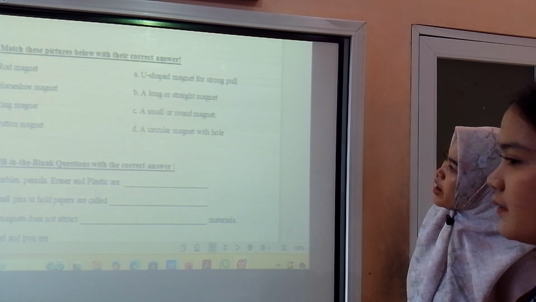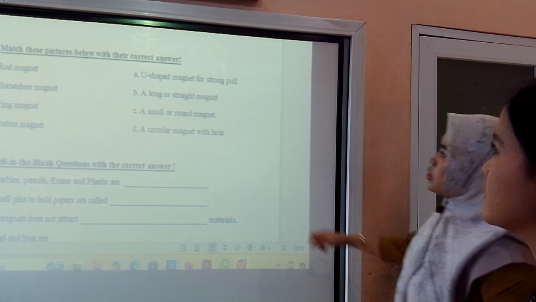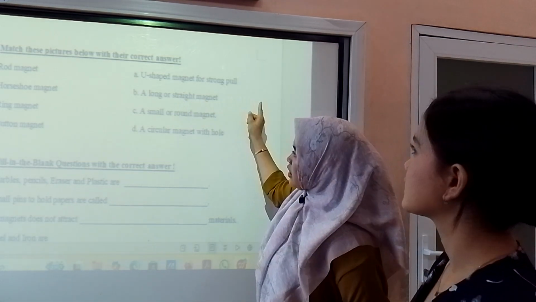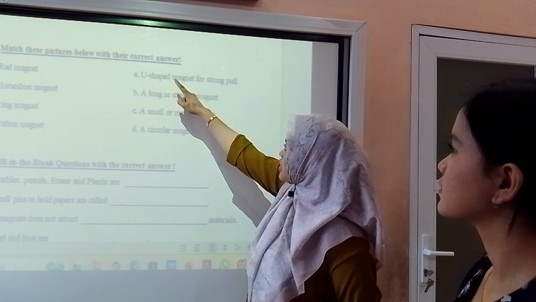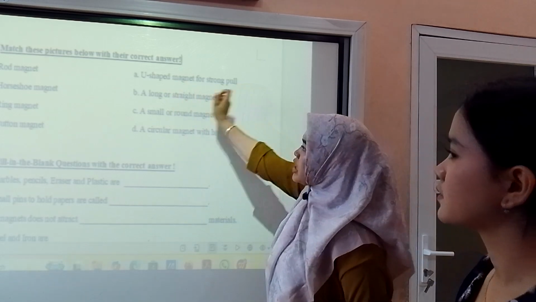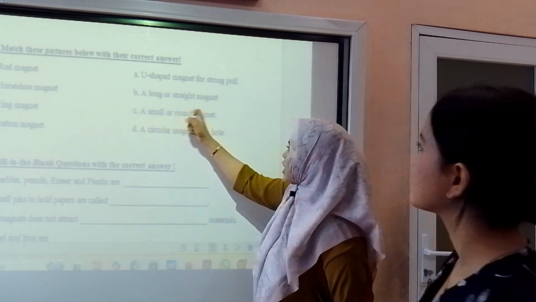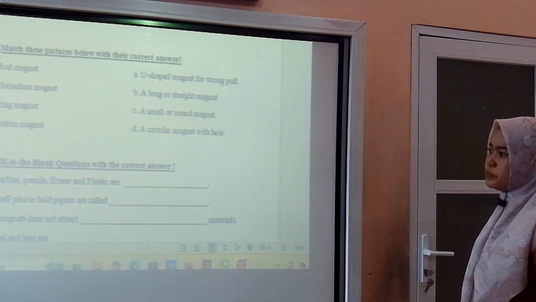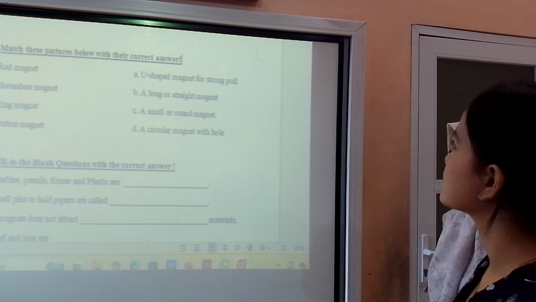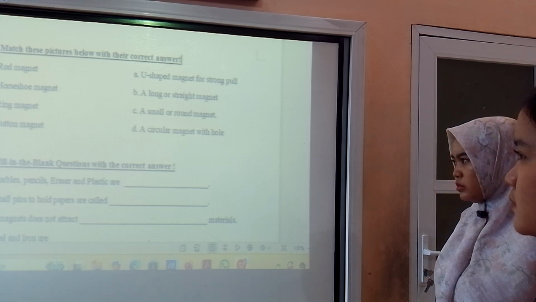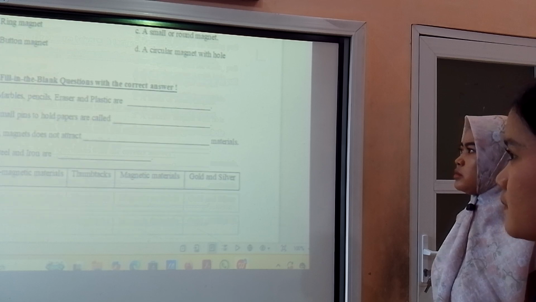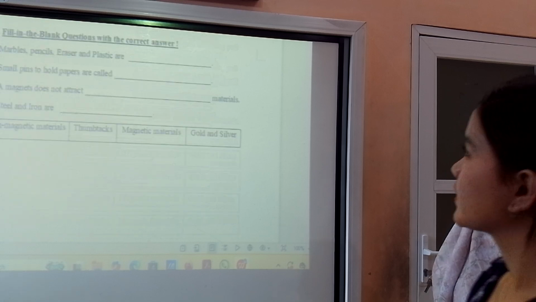Okay, match number 1. Rod magnet is a long or straight magnet, horseshoe magnet is a U-shaped magnet for a strong pull, ring magnet is a circular magnet with a hole, button magnet is a small round magnet. Okay, this one, fill in the blanks. Miss Sonia.